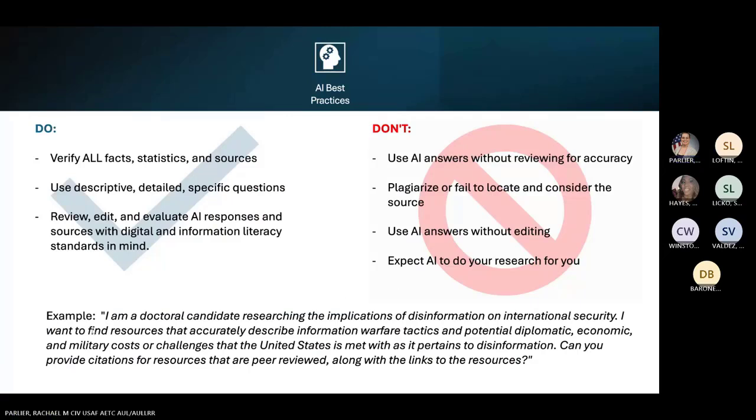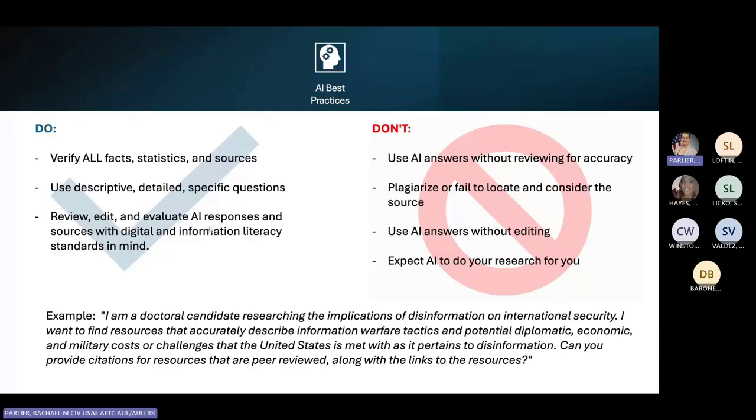And we also spelled that out in the question. Accurate resources, these are the boxes that it needs to check. This is the parameters of the information I need. You want to be as specific as you can when you're working with AI in prompt generation, if you're looking to get specific answers.